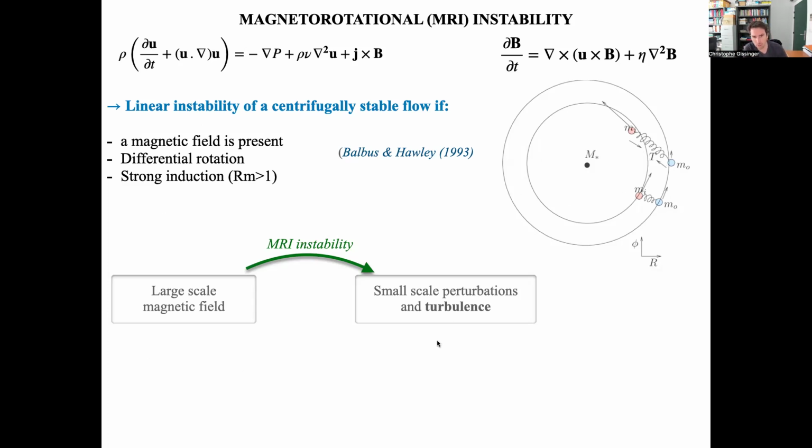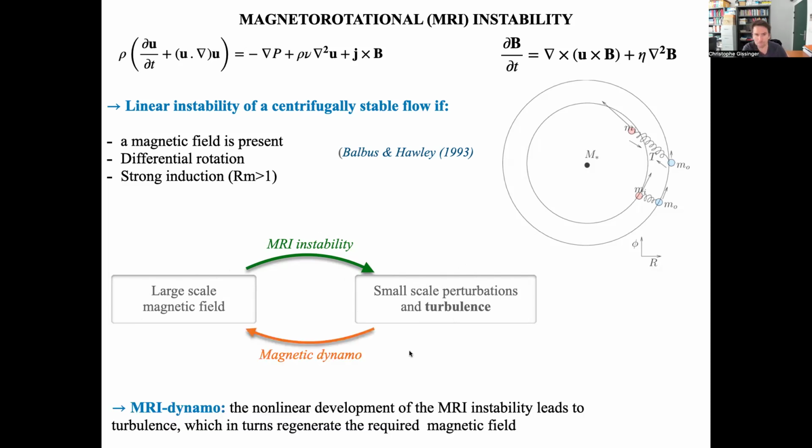So it's a very good candidate for explaining accretion in accretion disks, and it can be summarized in this very simple sketch. You start with a large-scale magnetic field, and the MRI will generate small-scale perturbations and some turbulence. But of course, that's only half of the story, because immediately you wonder where the large-scale magnetic field is coming from to generate the MRI. That's how some people arrive at this very simple nonlinear MRI dynamo sketch.